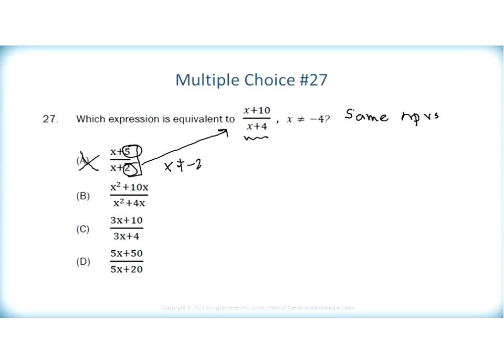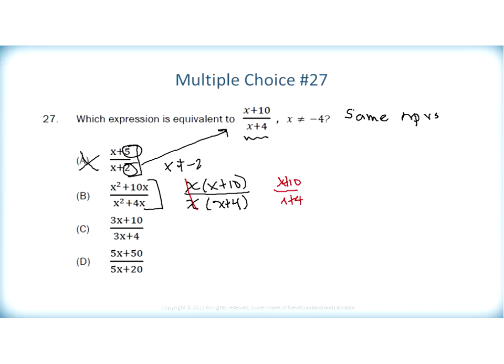This one's out. If we look at this one, we have to factor the numerator. We have a common factor of x outside, x plus 10 over x times x plus 4. When we cancel the common factor of x, we do have x plus 10 over x plus 4.